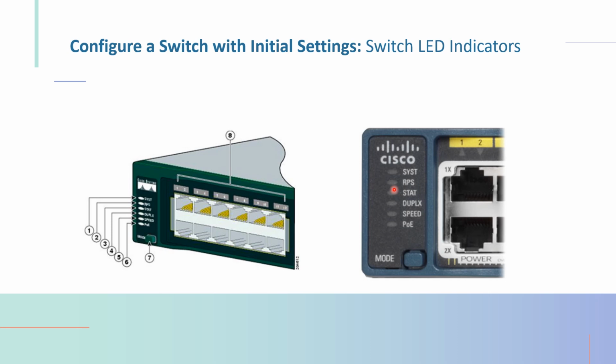If the LED is amber, the redundant power system is in standby mode or in a fault condition. If the LED is blinking amber, the internal power supply in the switch has failed and the redundant power system is providing power. The third light stands for the port status LED.